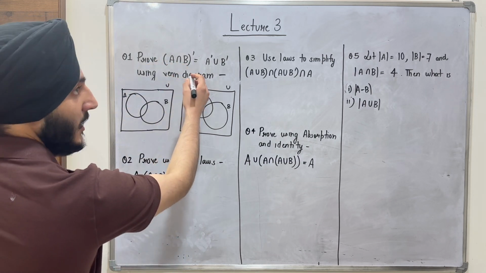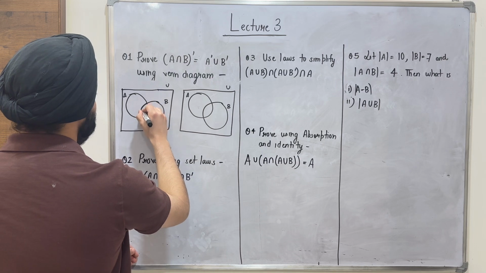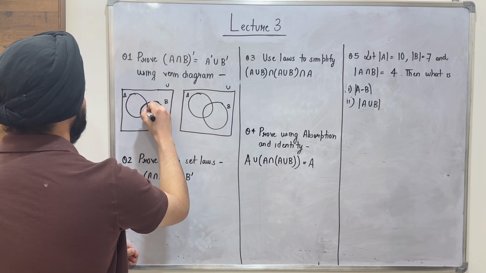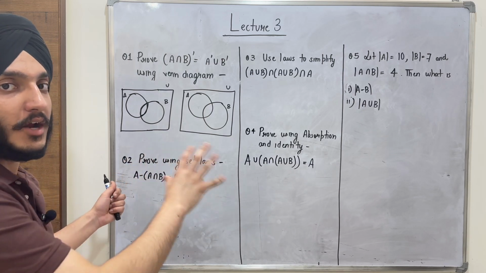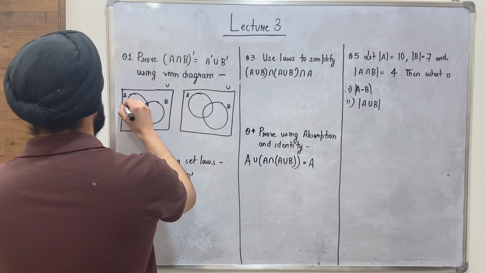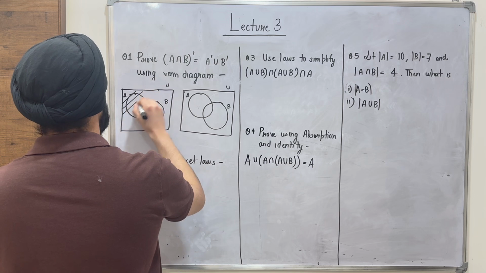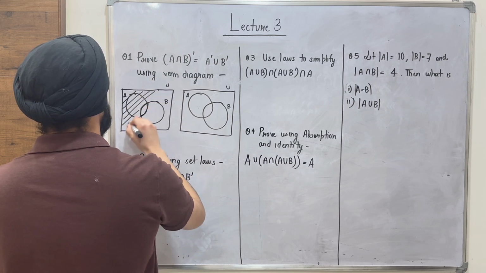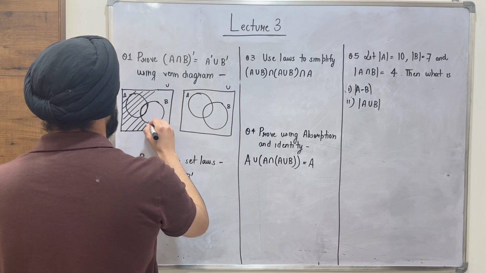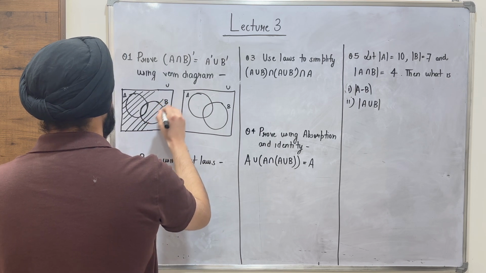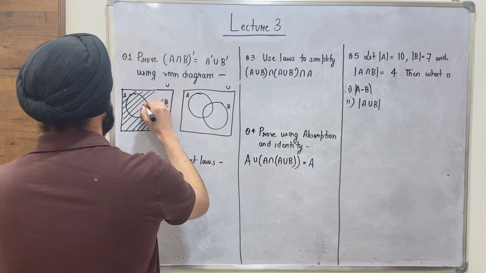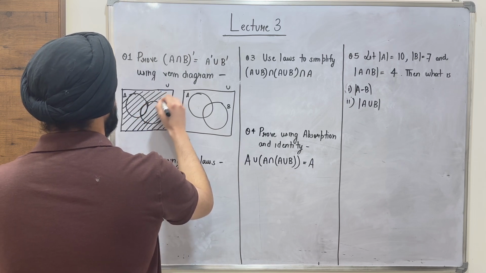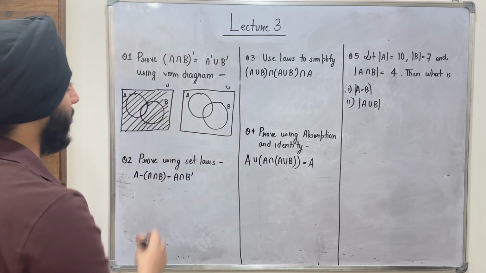A intersection B basically means this common region, right? And complement of it means everything that's outside of this region. So basically, it's just going to be the entire region except this middle region that we have. I hope that makes sense. So this is basically the entire region, right?